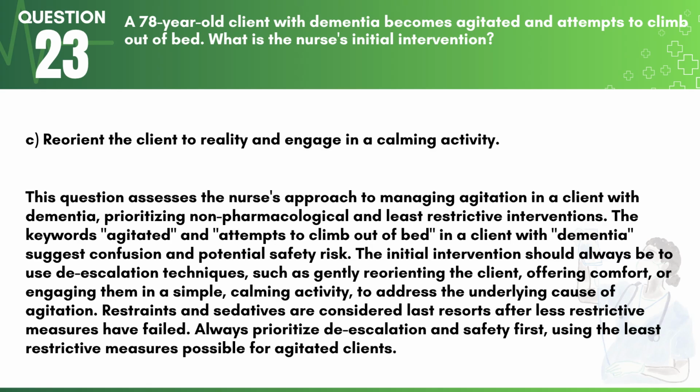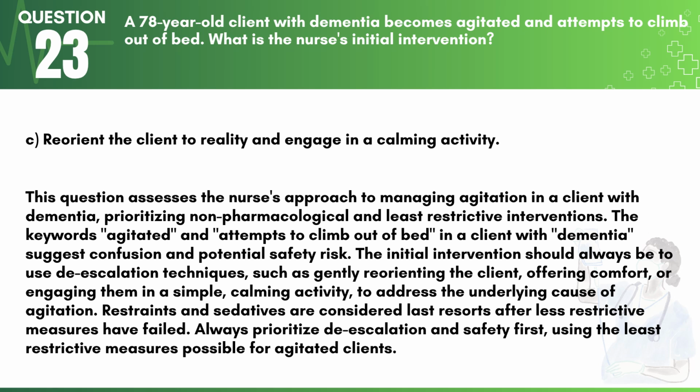Answer: C. Reorient the client to reality and engage in a calming activity. This question assesses the nurse's approach to managing agitation in a client with dementia, prioritizing non-pharmacological and least restrictive interventions. The keywords agitated and attempts to climb out of bed in a client with dementia suggest confusion and potential safety risk.